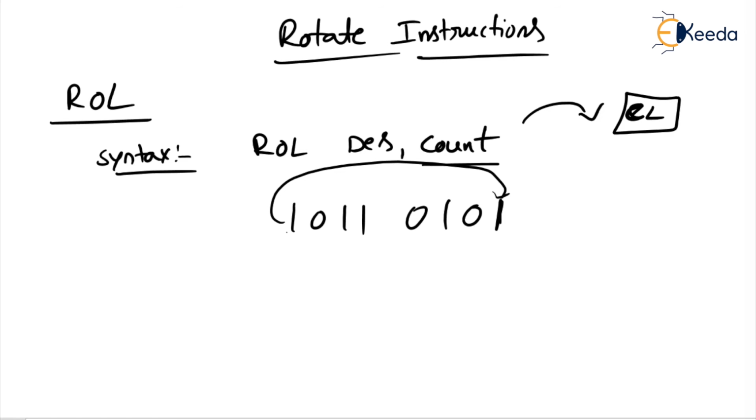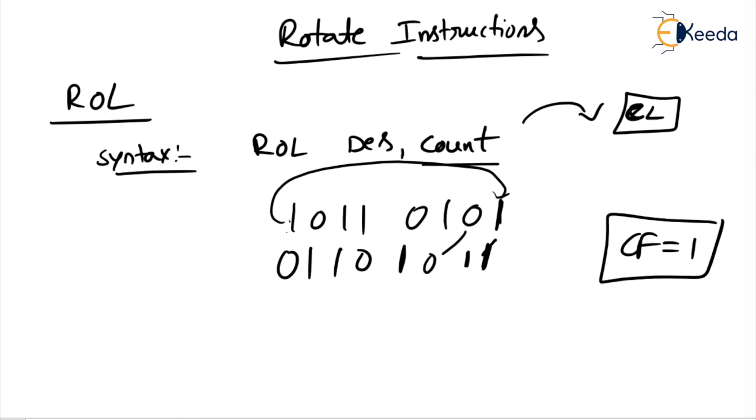Suppose you perform rotate left operation, this becomes 1 0 1 0 1 1 0. What about this one? This one goes to 1 here, and the carry flag is also set to 1.